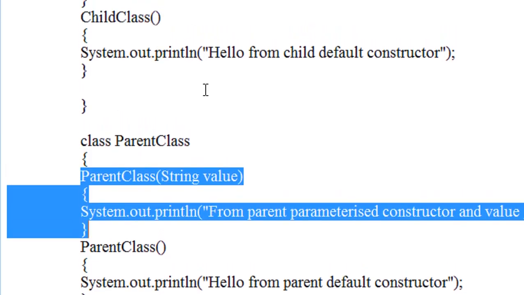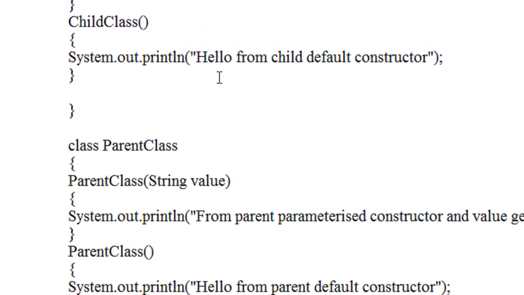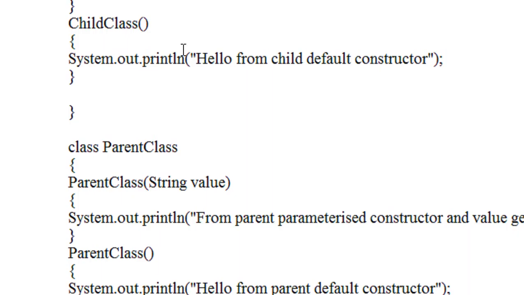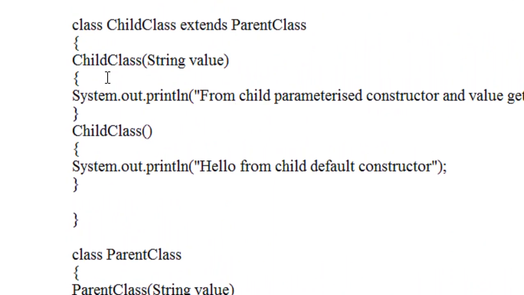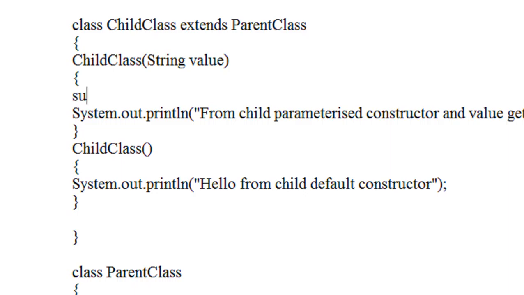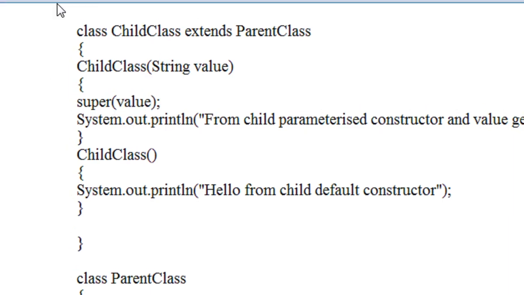So we have to put the super keyword in the child constructor. Here is the child constructor, and here I write super, passing the value received from the object creation as an argument.